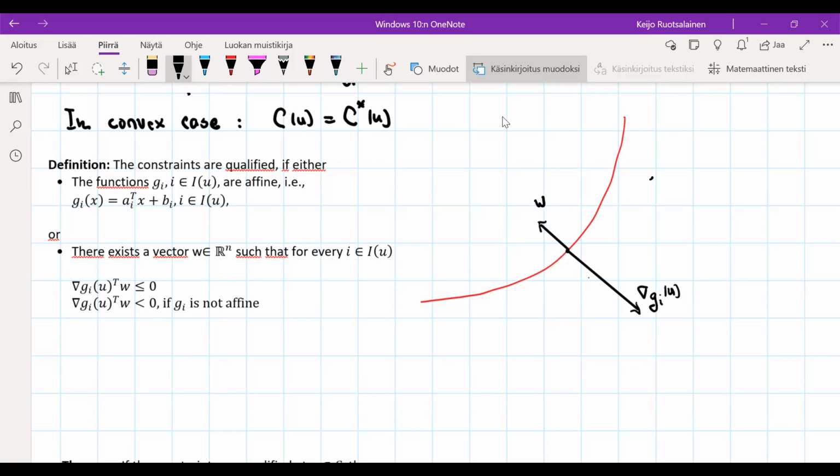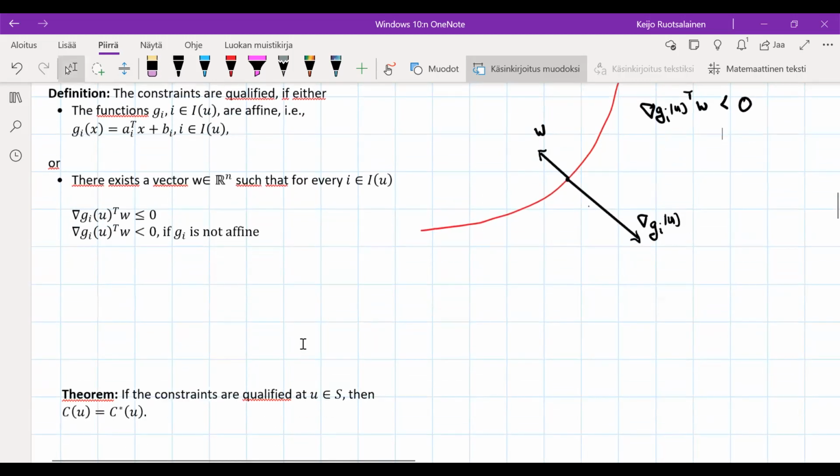And now we have here the scalar product is for sure negative. So in convex case, this is simple. But if we have a non-convex case, if we include this type of functions in our constraints, then we have the theorem that Cu equals C star.